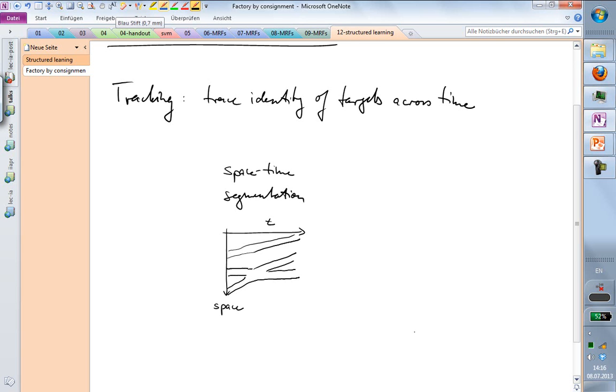So if I subsample this strongly, let's say I have one measurement here, and then the next measurement is down there in time, then this notion of having sausages in space-time no longer works. What we need is really very good overlap of the targets in adjacent time steps.